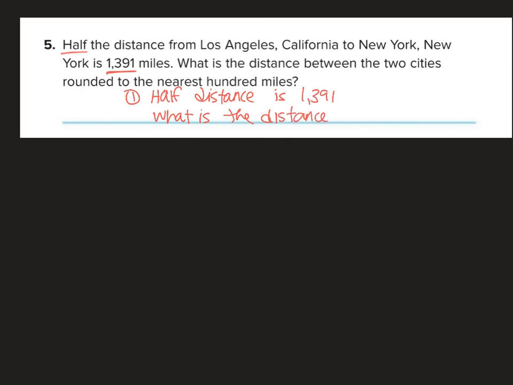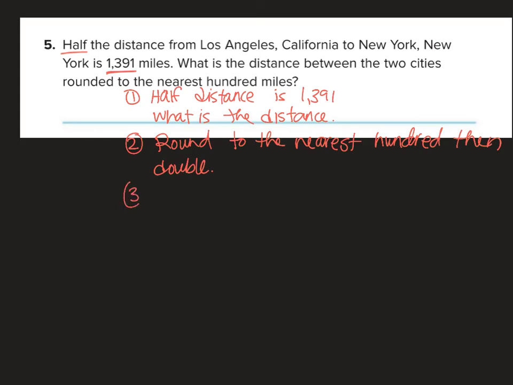So if the half distance is 1,391, what is the distance? Step 2, our plan is we are going to round to the nearest 100. Then double. Okay.